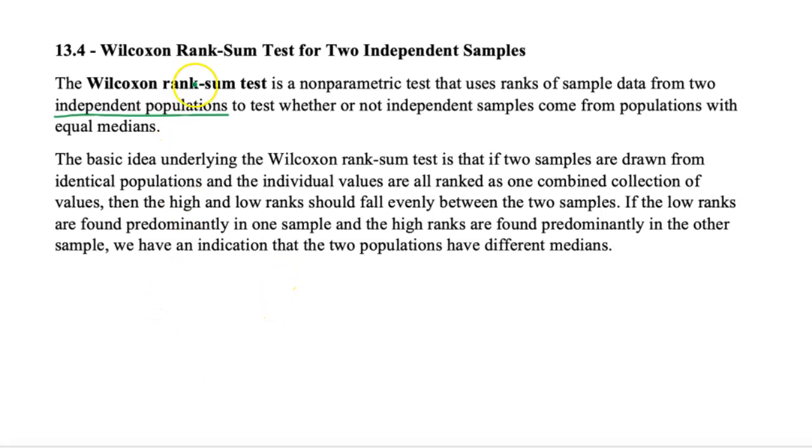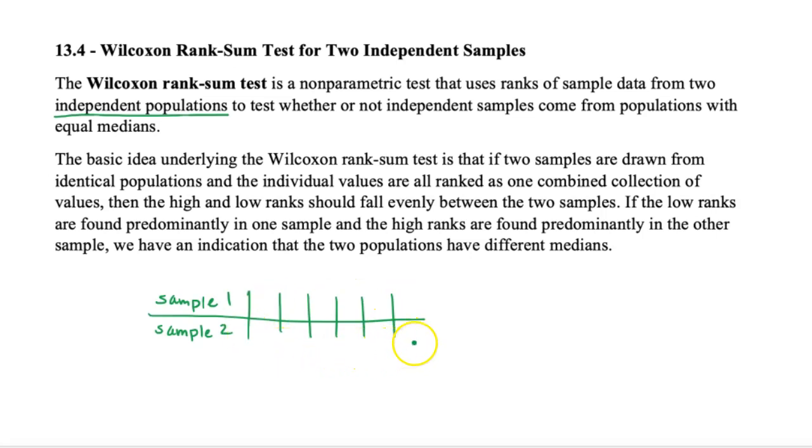So if I have sample 1 and a bunch of sample 1 values, and sample 2 and a bunch of sample 2 values, I'm going to rank all of these values regardless of which sample they belong to, essentially pretending like I don't know which sample they belong to.